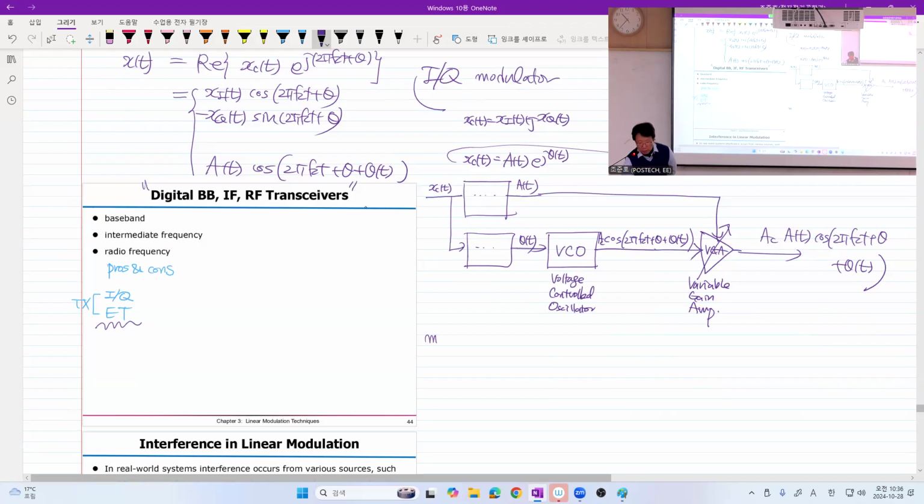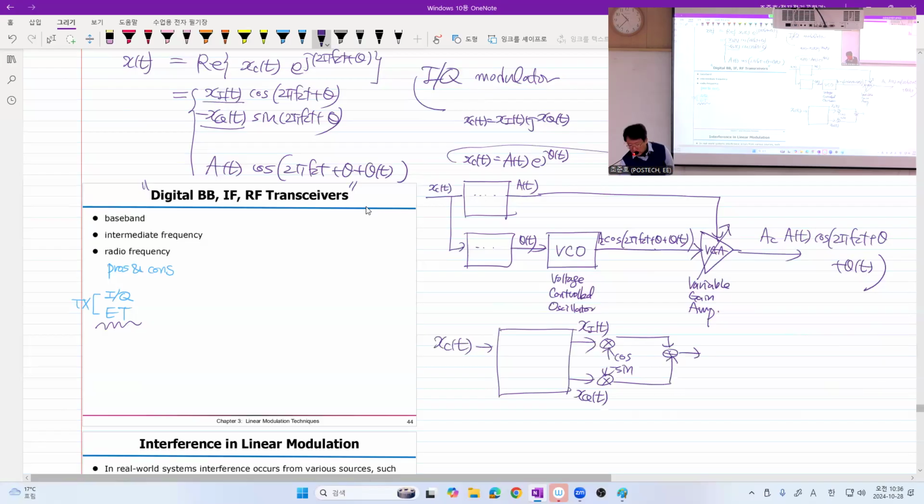Suppose we have some signal to be transmitted in passband. So we have a complex baseband signal, which means that we have two real valued baseband signals. So we may have the in-phase signal, okay, the real part and imaginary part. And you may multiply by cosine and negative sine, add, amplify and transmit.